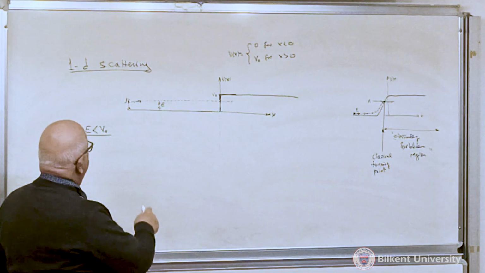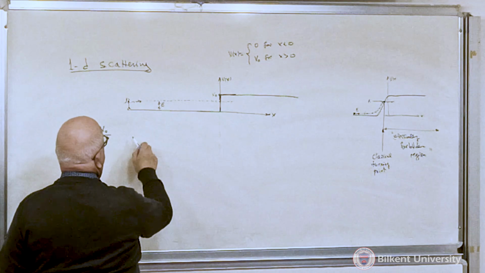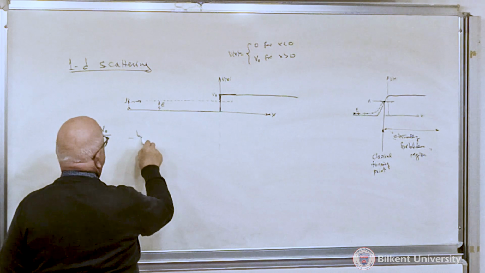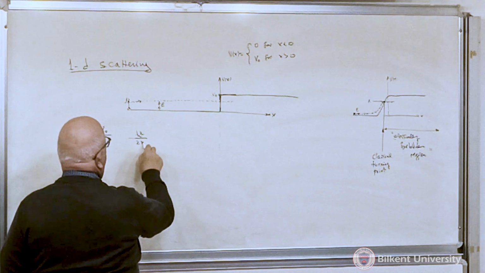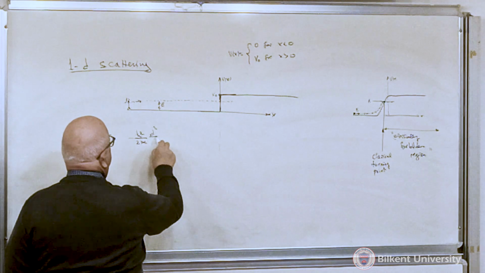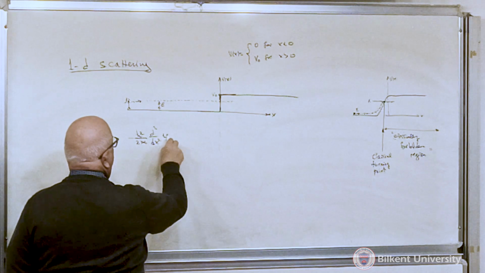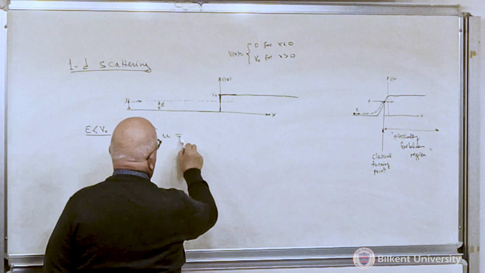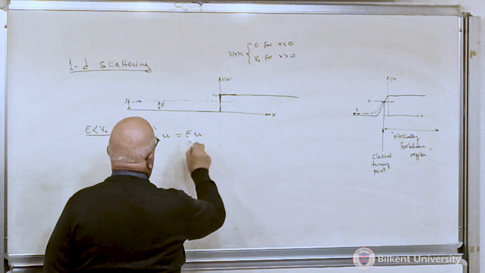Over here, the time-independent Schrödinger equation is minus h bar squared over 2m, d squared dx squared u, is equal to E u.